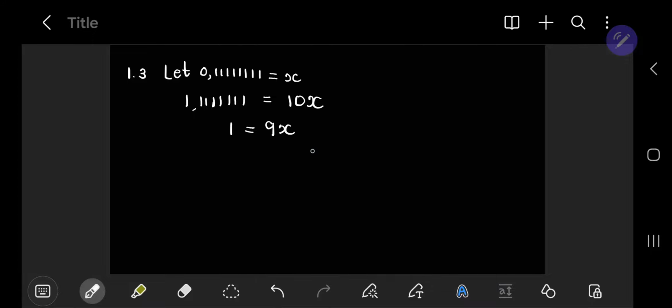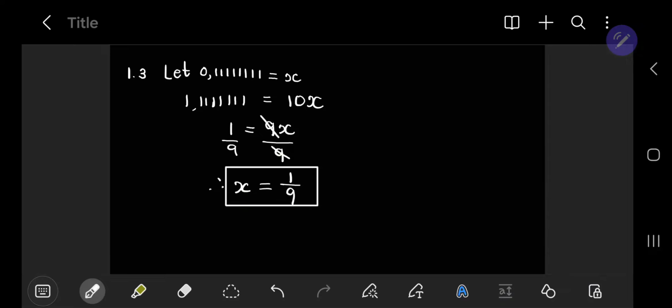And all we do from here is we divide both sides by 9 to get x alone. When we do that, on the right hand side, the 9's cancel out. So essentially, what we are left with is x is equal to 1 over 9. Meaning that 1 over 9 is the same thing as 0.111111.